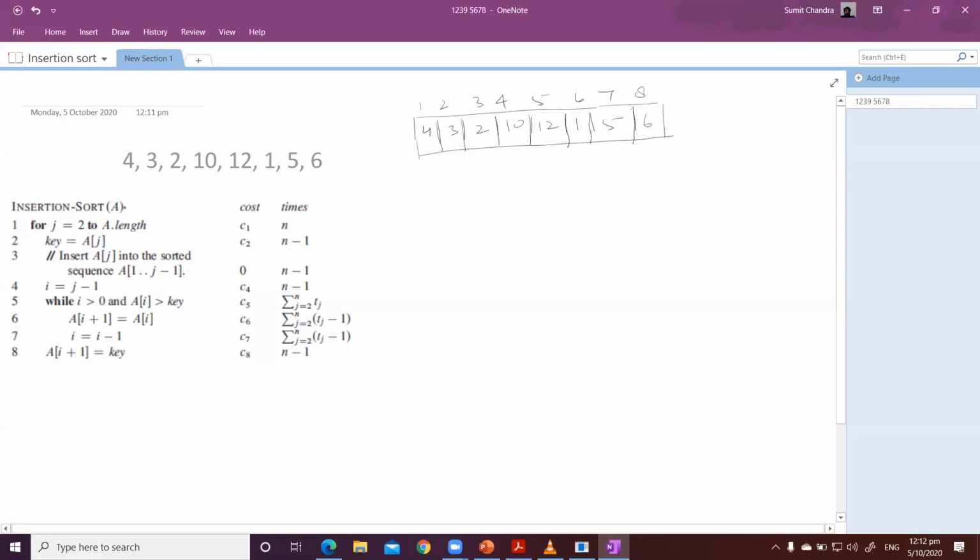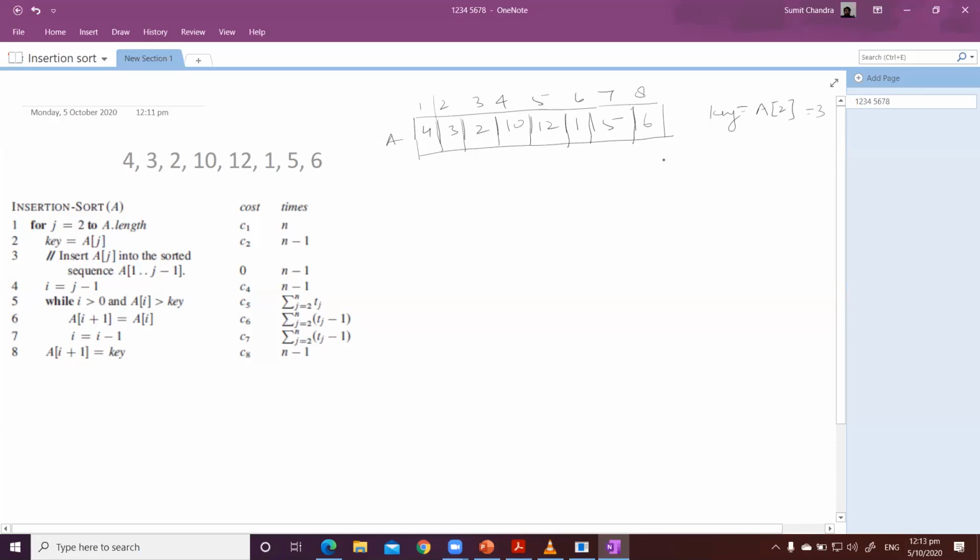See the first statement, j equal to 2 to A.length, key is equal to A[j]. So first of all, key is equal to a2 because j is starting from 2. Key is equal to a2, so it means key is equal to 3.